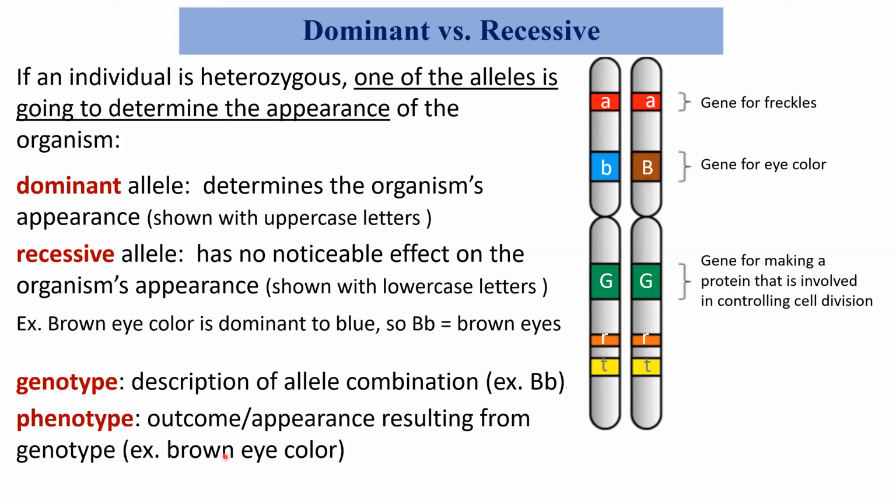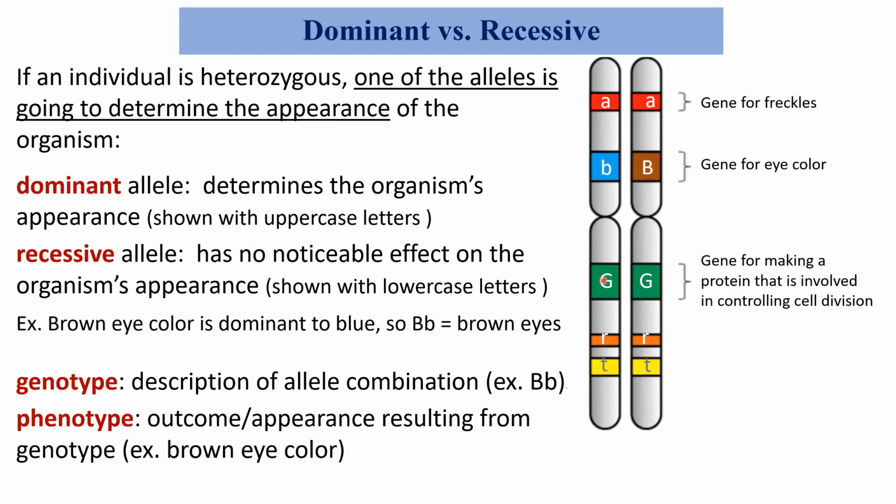So you can also use these words, like homozygous dominant. If you were asked which allele pairs are homozygous dominant in this example, you would say that these capital G's here are homozygous dominant.